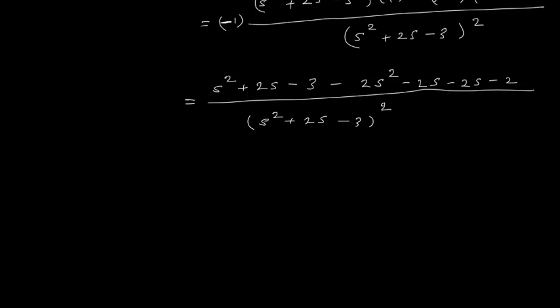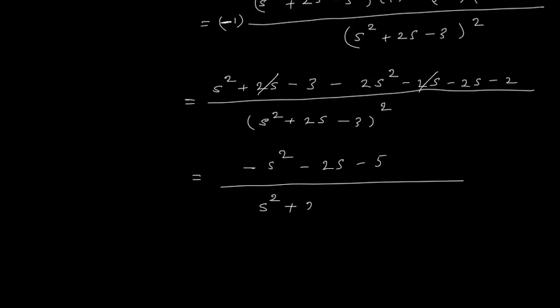Now 2s minus 2s cancel. s square minus 2s square is minus s square, so minus s square minus 2s, then minus 3 minus 2 is minus 5, upon (s square plus 2s minus 3) the whole square.